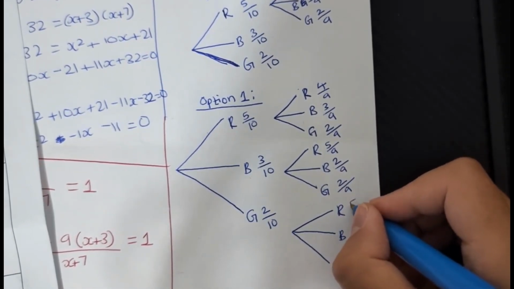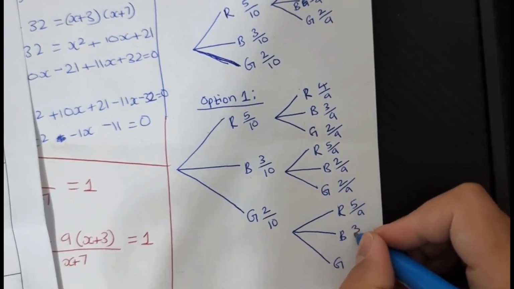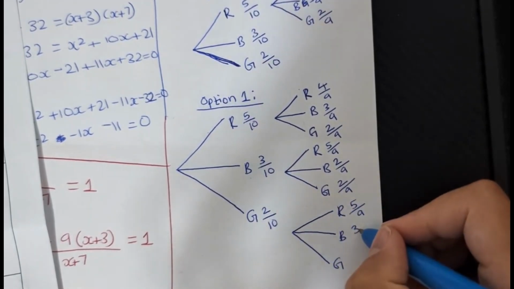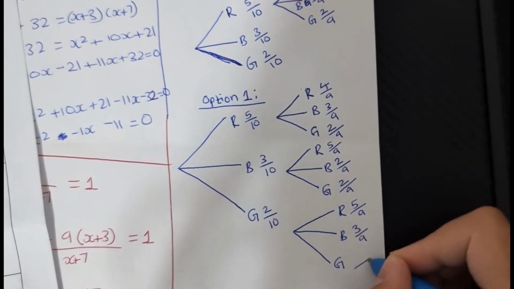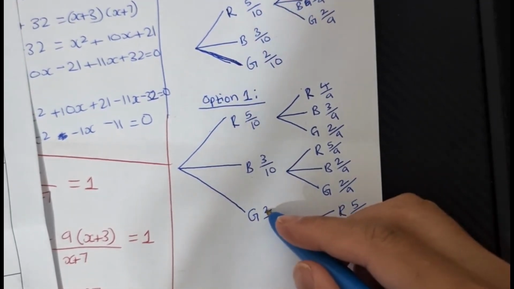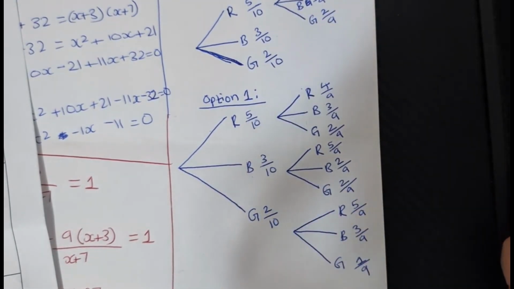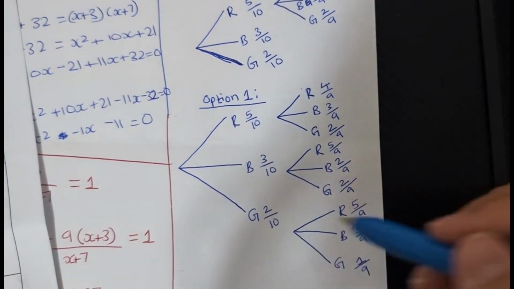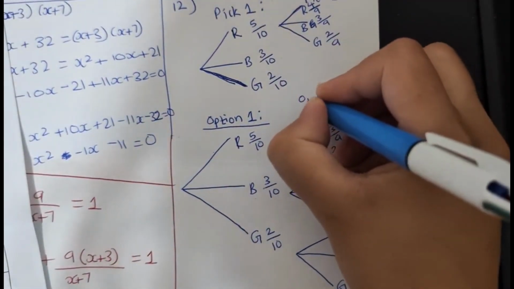Here R is still going to be 5 9ths. B is going to be 3 because this time we've picked G, which is green, 3 9ths. And then lastly for G, it's out of 9, but we'll be left with 1 out of 9 because we've already assumed that we've picked G for the first option. So I'm going to label this as option 2.